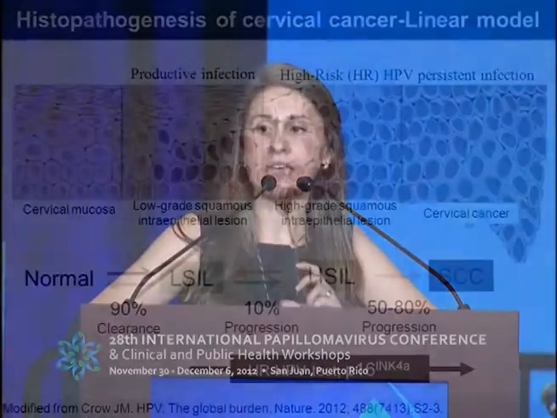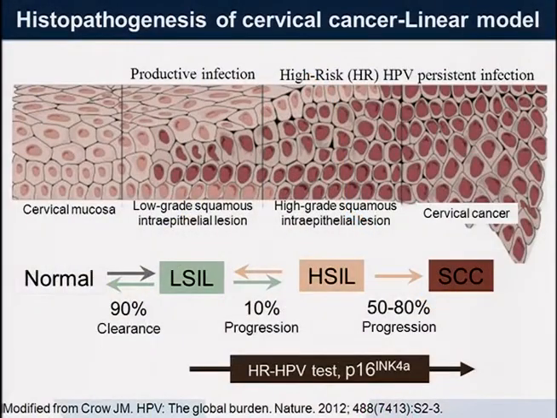In addition, it's limited by the high rate of clearance of the LSIL patients. P16, which is the other biomarker surrogate to HPV, is not stage-specific, and in addition, it doesn't have any prognostic value. So we conducted a screening project to look for stage-specific biomarkers that can aid in the classification and diagnosis of the premalignant lesions.